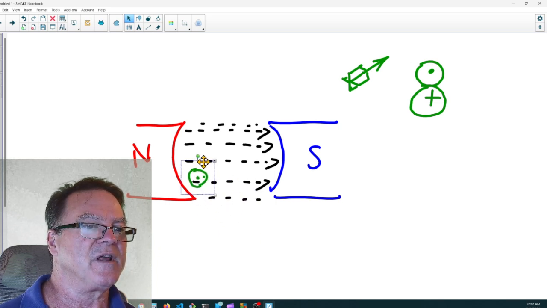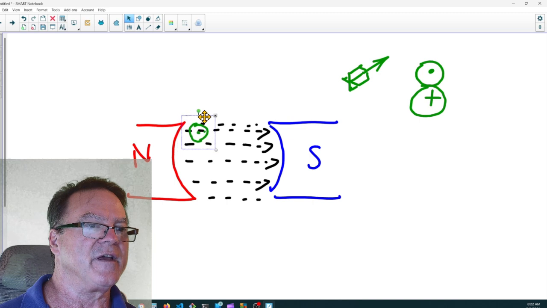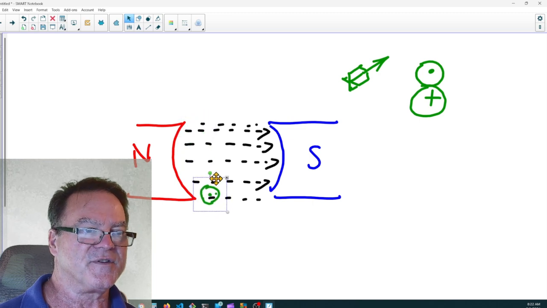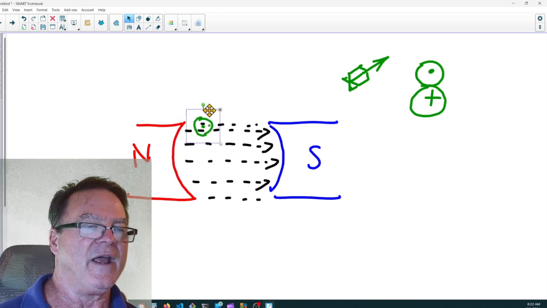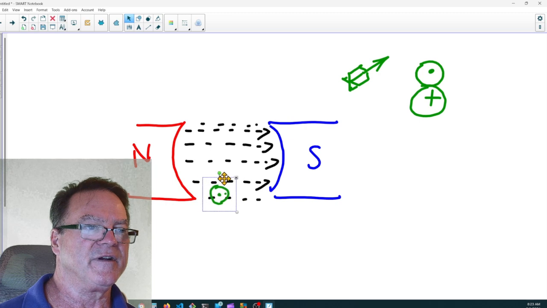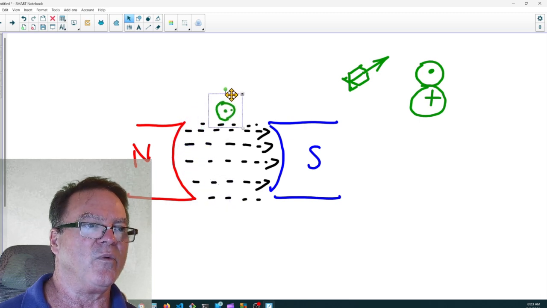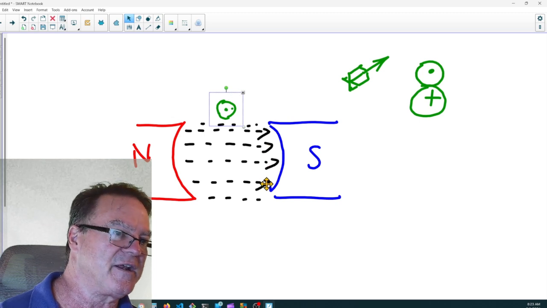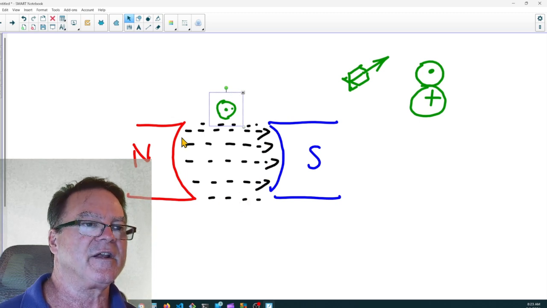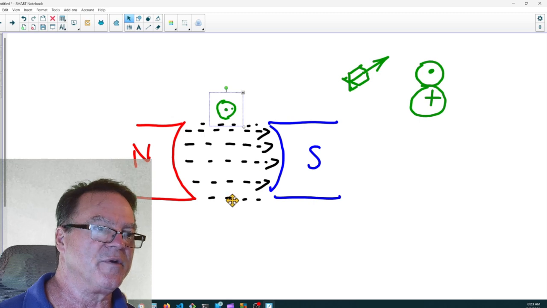It's going through these lines of magnetic flux in such a way that the thumb is the thrust, the forefinger is the flux, and the middle finger is the motive force. It's the electrical current coming out of the board. So down this side, it goes into the board. Up this side, it comes out of the board.